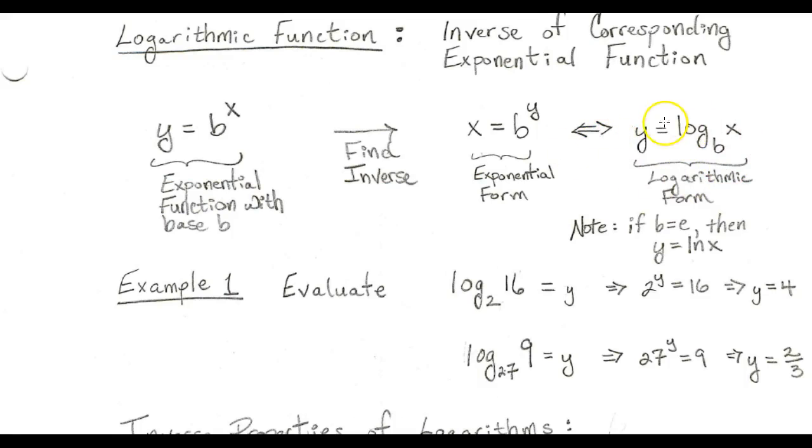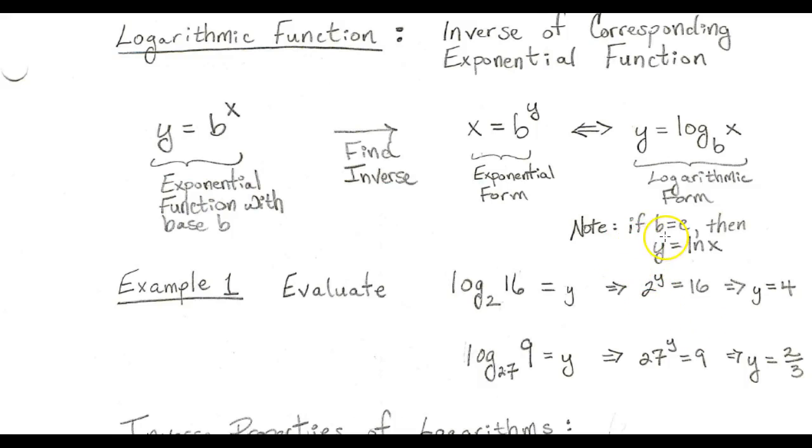So really, when you read this, what you want to think is that this tells us that b, the base, raised to the power y is equal to x. That helps us figure out what the value of y is at times.